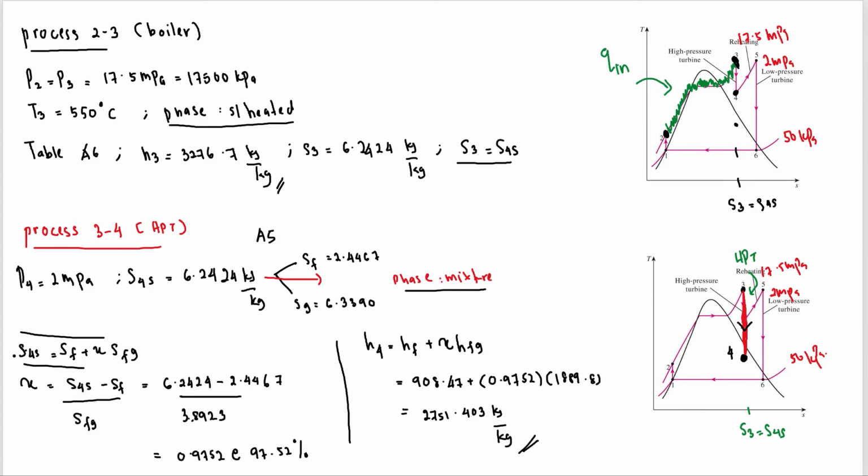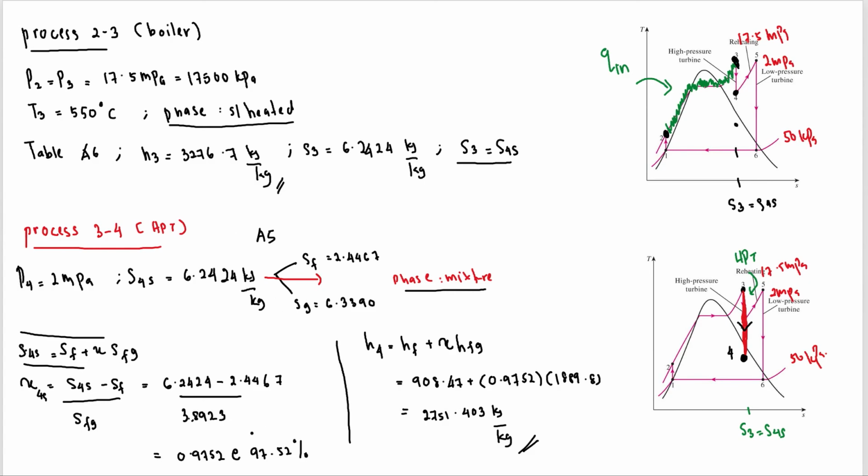I modify this equation so I will get x4s. Please find these values at 2000 kilopascal in table A5.